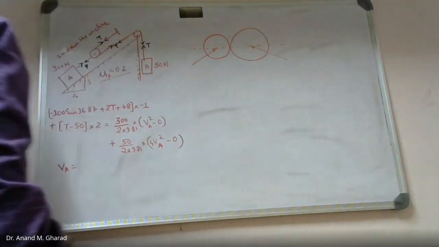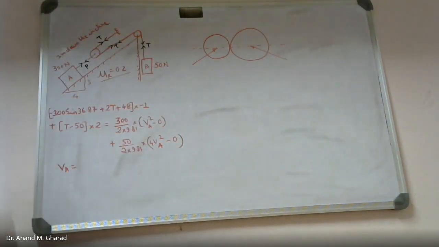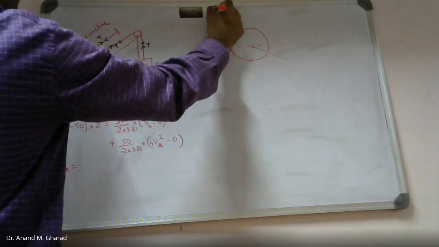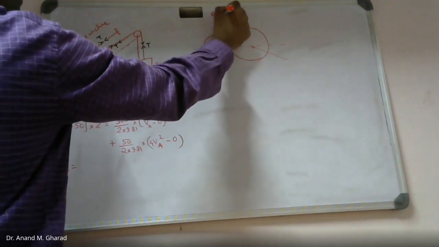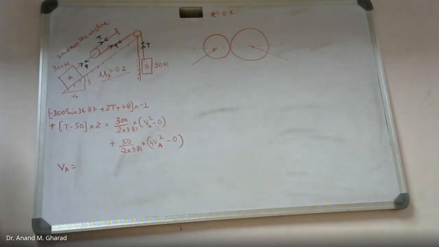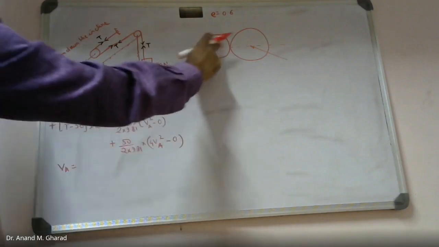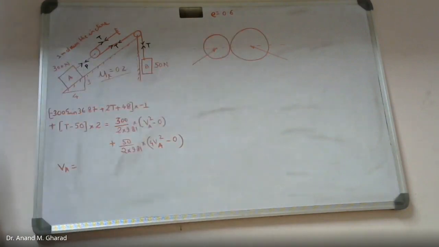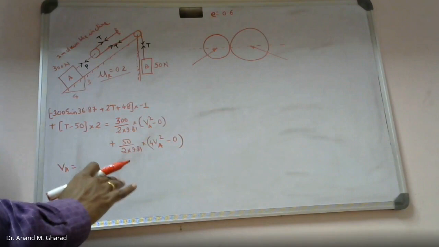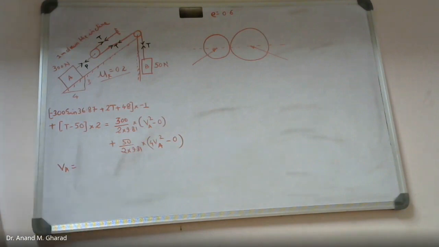Okay. So what the problem suggests is that in the oblique central impact shown in this figure, the coefficient of restitution, small e, is 0.6. Then these are actually flat discs. These flat discs slide on a smooth horizontal surface. Compute the final velocity of each disc directly after the impact.